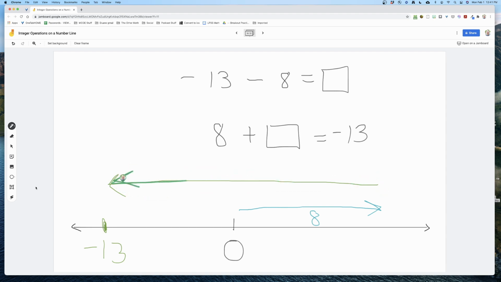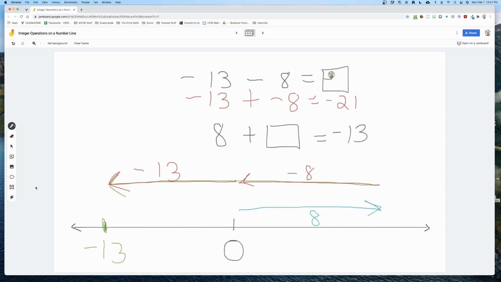Nice and quickly, that second change can be decomposed to 8 to the left and another 13 to the left. That second change can be thought of as negative 13 plus negative 8, which is equal to negative 21.